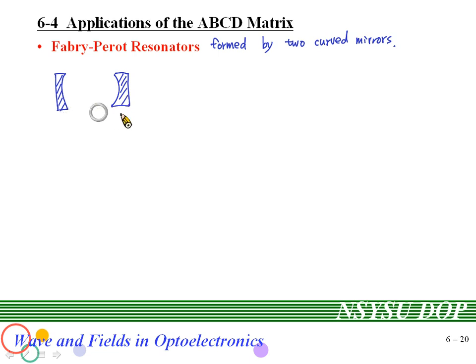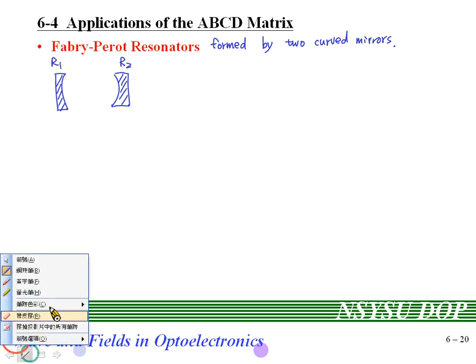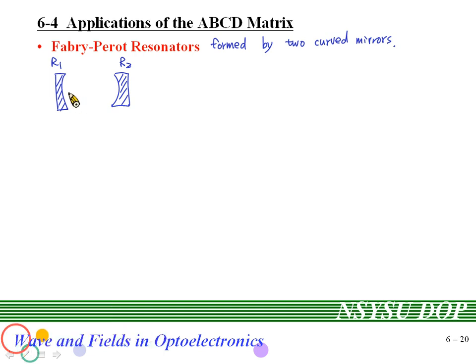Suppose that we have two curved mirrors with the radii r1 and r2 respectively, and the distance between these two curved mirrors is d. Because the surface is curved, the phase function shall satisfy this condition.